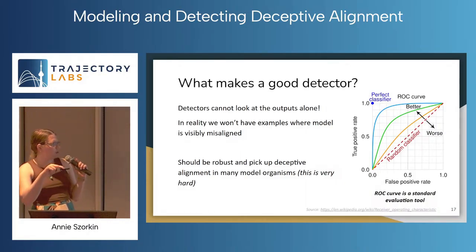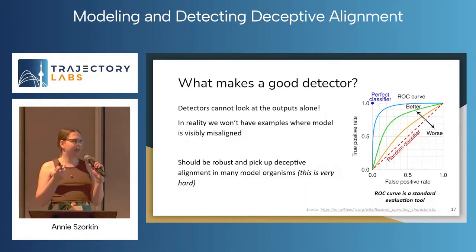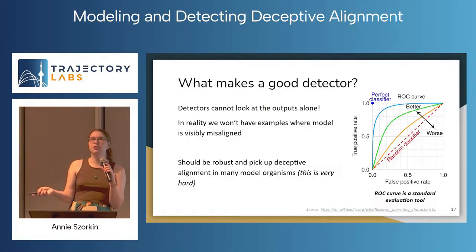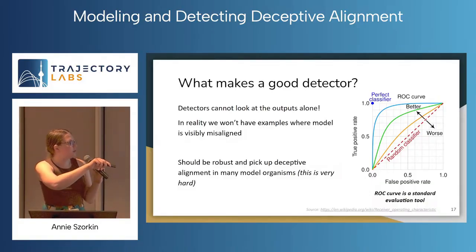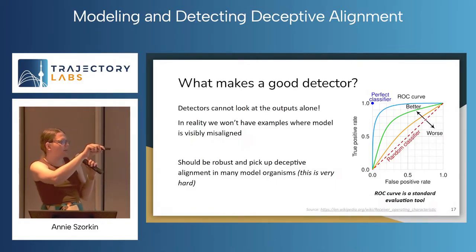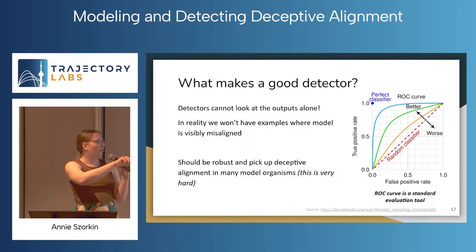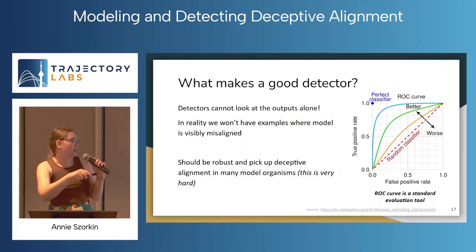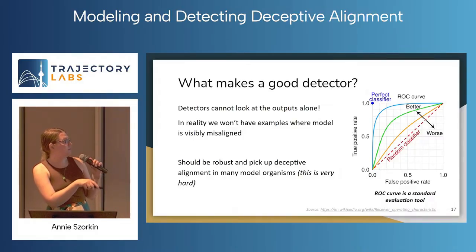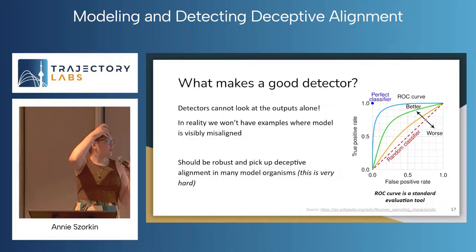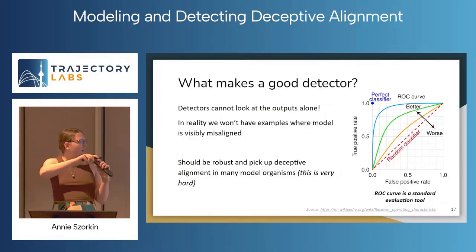Yeah, and then we just use a very standard measure of good classification, which is called a ROC curve, which plots the frequency of the model correctly classifying the harmful prediction as harmful over incorrectly classifying a harmless prediction as harmful. And then you plot those together.